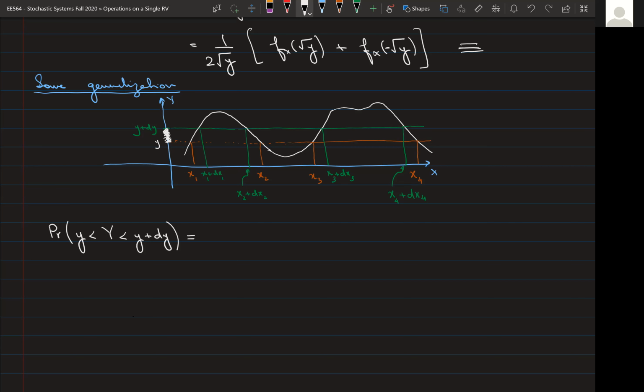Okay. And what I mean by that is capital Y is going to be on this white interval if and only if X is either here or here or here or here. Okay.